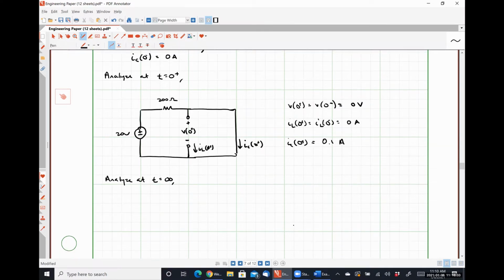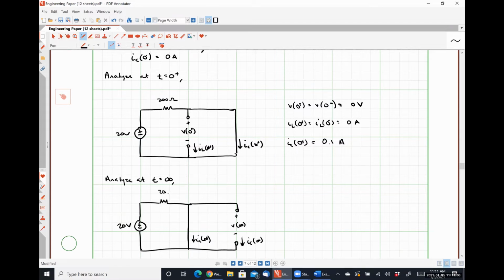So at t is equal to infinity, we are at DC steady state again, which means we're going to replace our capacitor with its DC representation, which is an open circuit, and we're going to replace our inductor with its DC equivalent, which is a short circuit. Here is IL at infinity, here is IC at infinity, here is V at infinity.